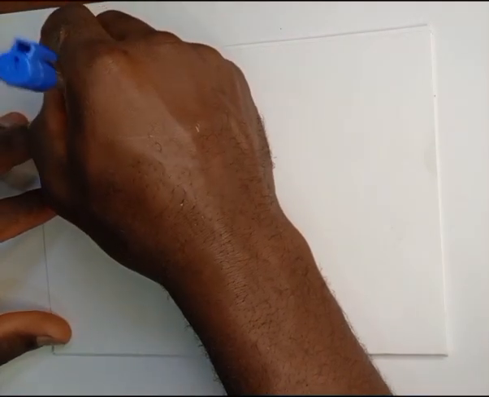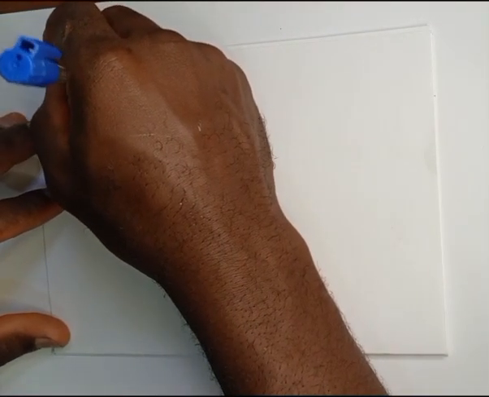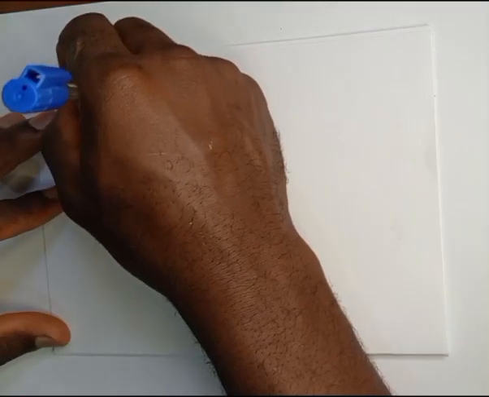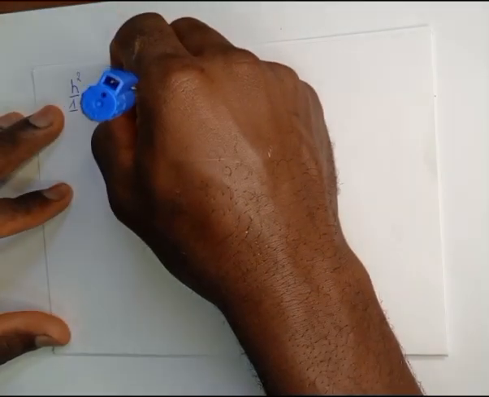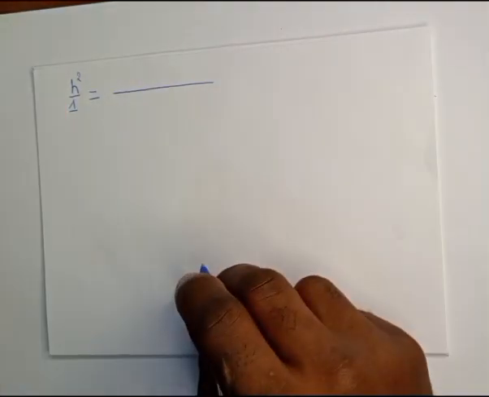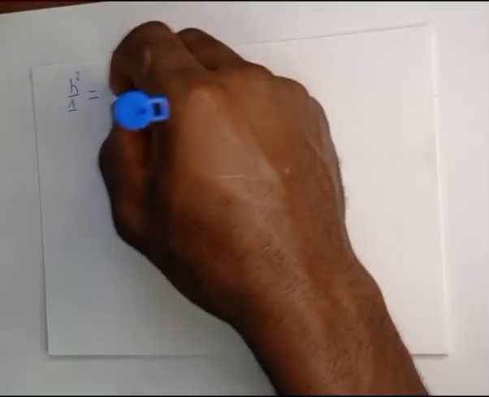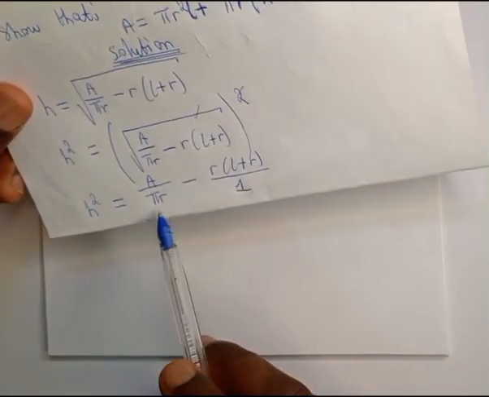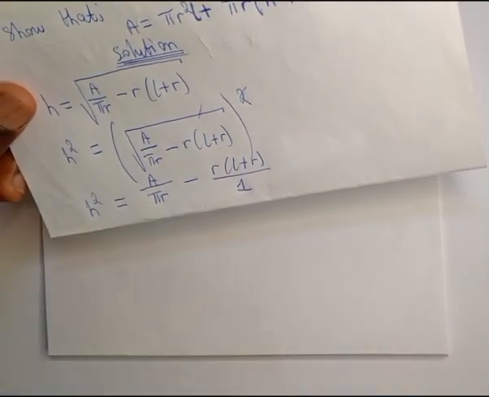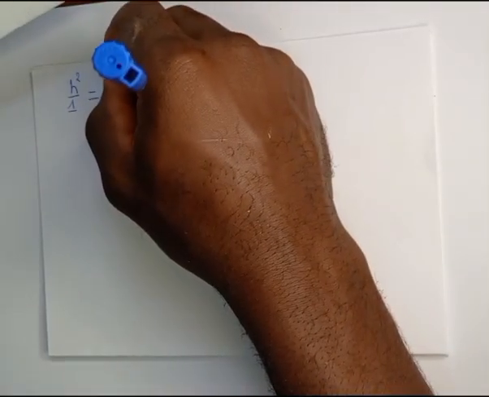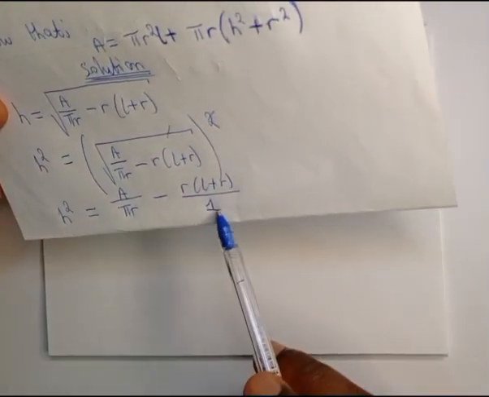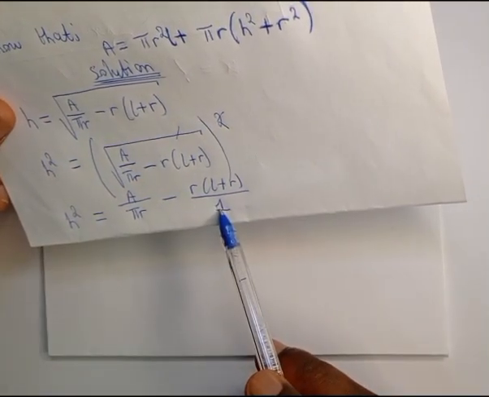H squared at the left hand side, we can express it as h squared over 1 is equal to, at the right hand side, the LCM of their denominators, pi r and 1, is pi r. We write pi r here. Pi r divided by pi r gives us 1. 1 times A remains A, minus, bring down the operation sign. Pi r divided by 1 gives us pi r.